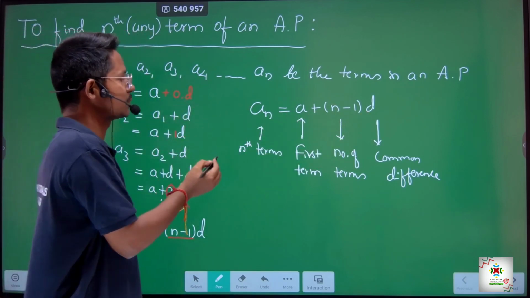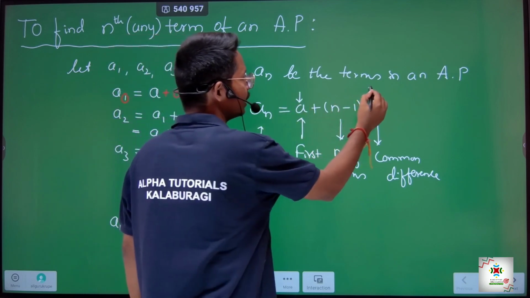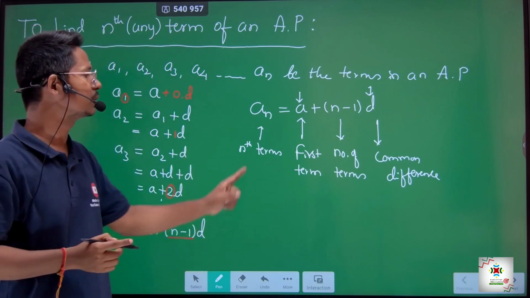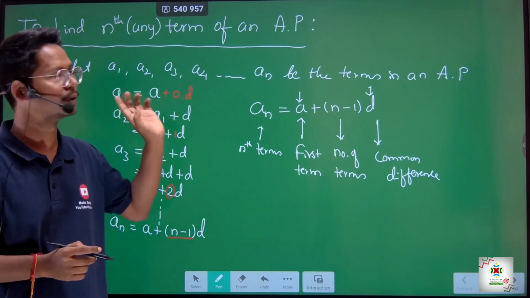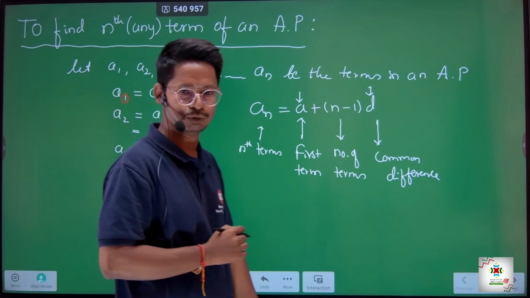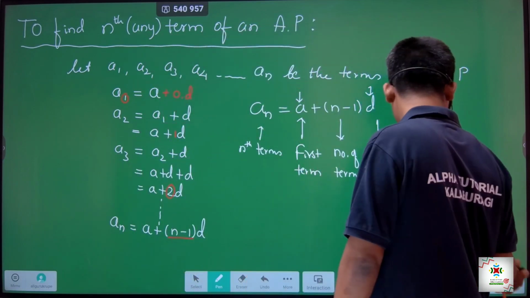For any term you need the first term and the common difference. With the help of the first term and common difference, you can find any term in the given AP. We'll see some of the exercise questions and apply the same formula for solving. Okay, see next one.